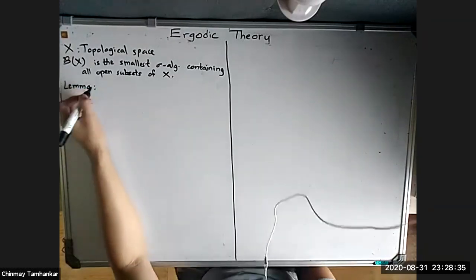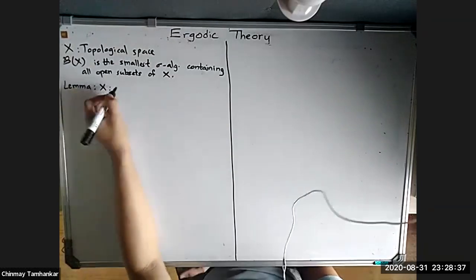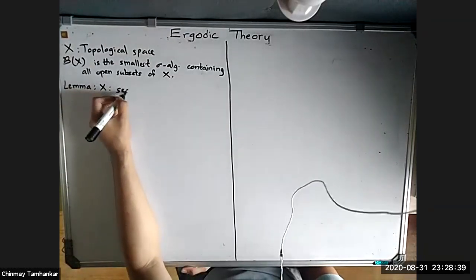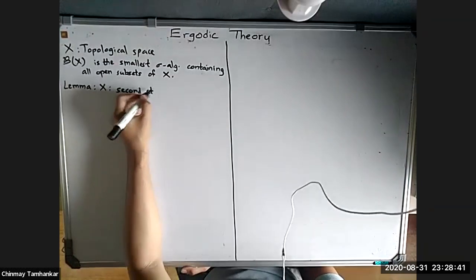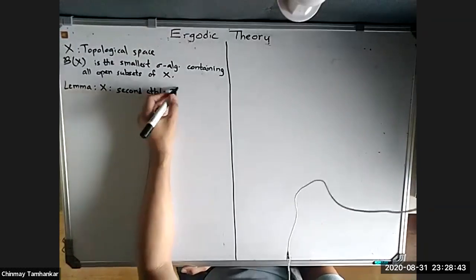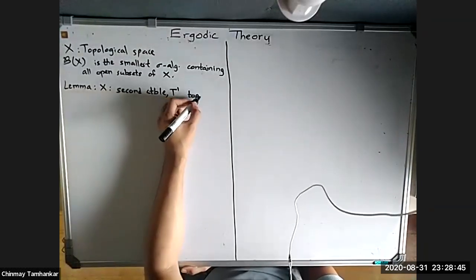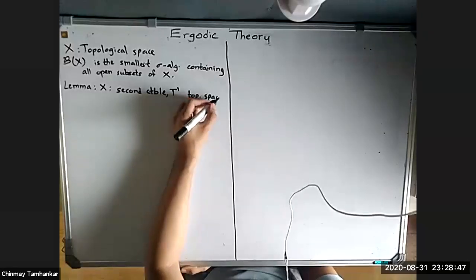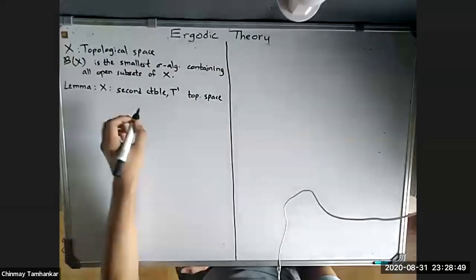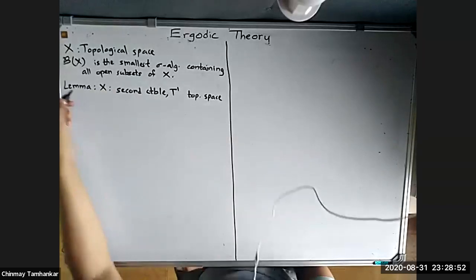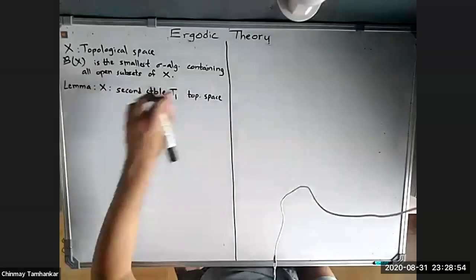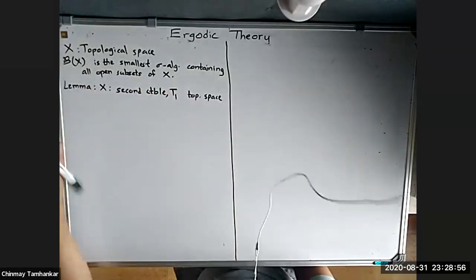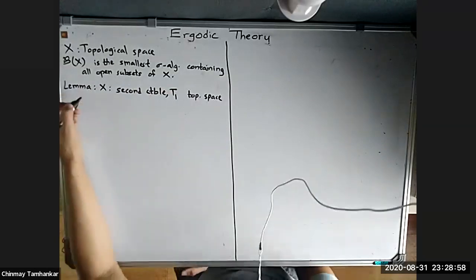So we'll give some result. X will be a second countable T1 topological space. T1 means all singleton sets are closed.